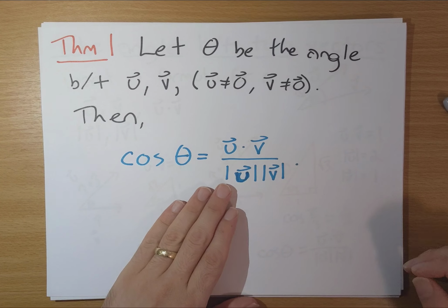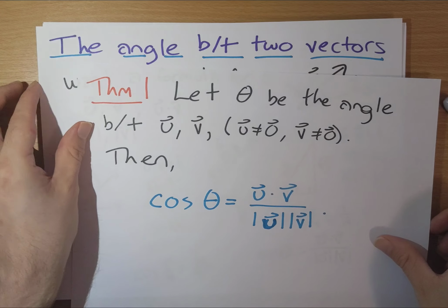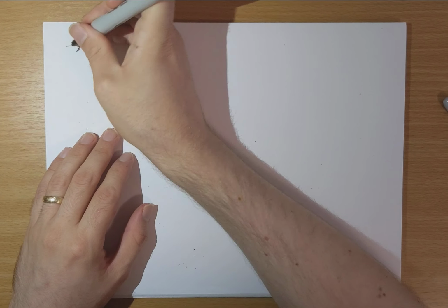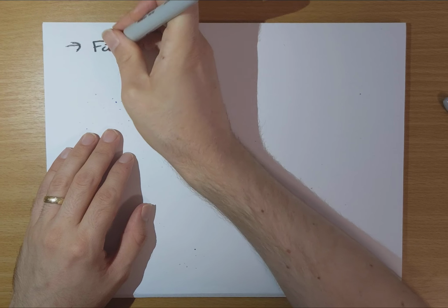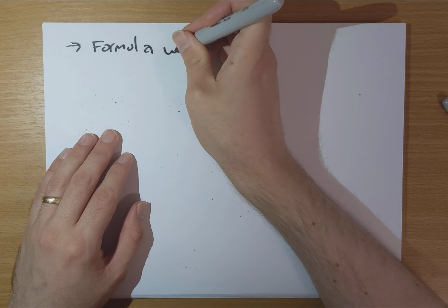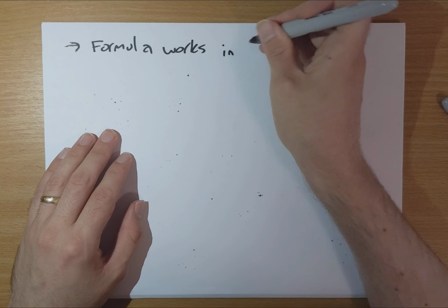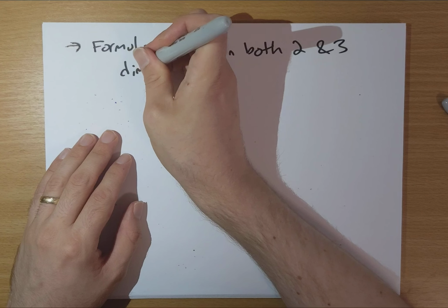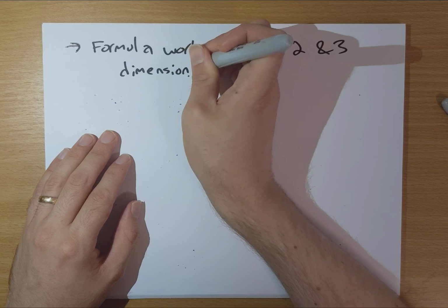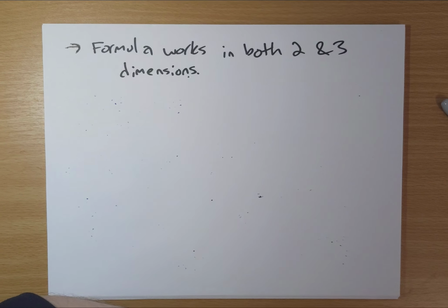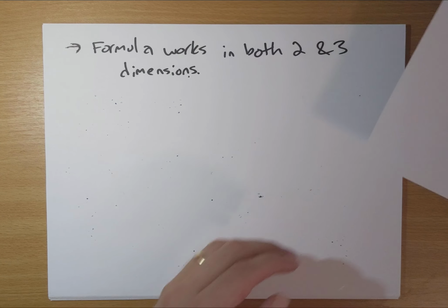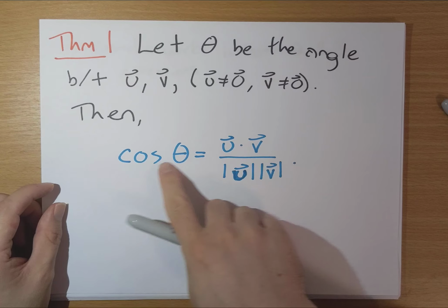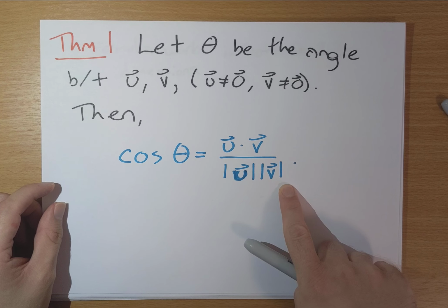Okay, so let me make some commentary here. The formula works in both 2 and 3 dimensions. And another thing is that cosine theta is equal to this expression here.